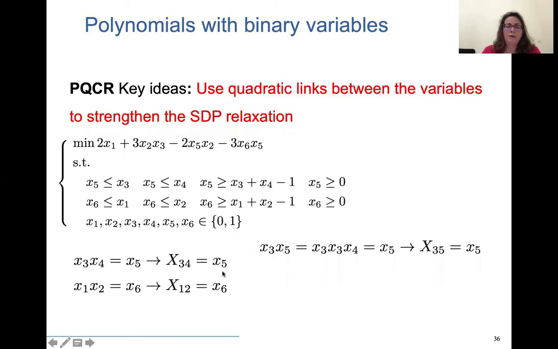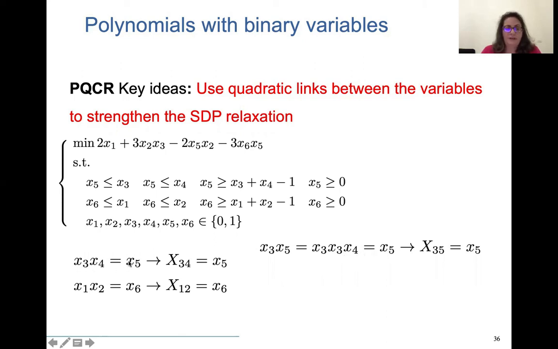For example, here we can observe that if you take this product x3, x4, which has been replaced by x5, if you multiply x5 by x3, because x3 squared is equal to x3, you again obtain the variable x5.